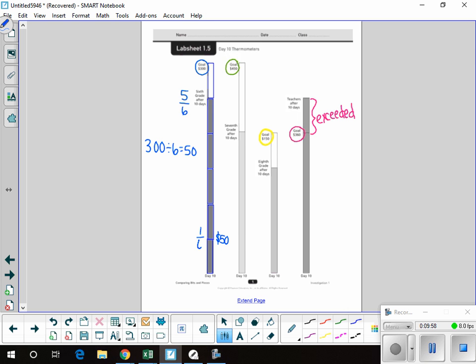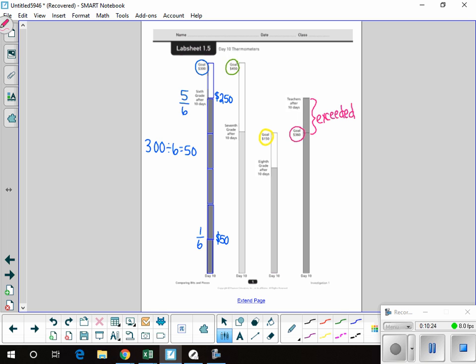Okay. All right. And so we multiplied 50 times 5 to get to 5 6, which is $250. Sounds good. Nice work. So, like I said, our ratio statement for this could be for every 1/6 the sixth graders raise, they've raised $50.